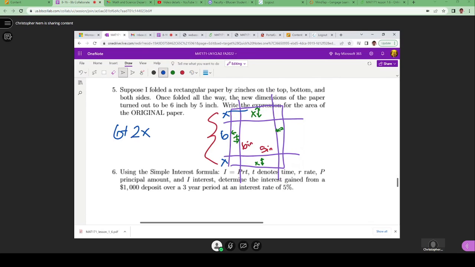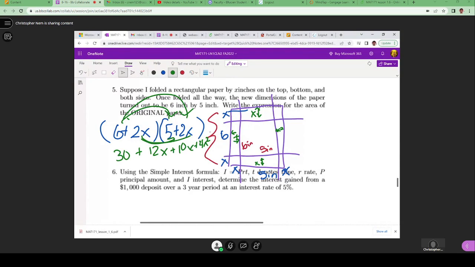And then the bottom piece is going to be 5 inches. Well, this is also an x, and this is also an x. So it's going to be times 5 plus 2x. And now I just got to multiply it out to get the area, because area is length times width. So if I multiply this out, I get 30 plus 12x, and then plus 10x plus 4x squared.